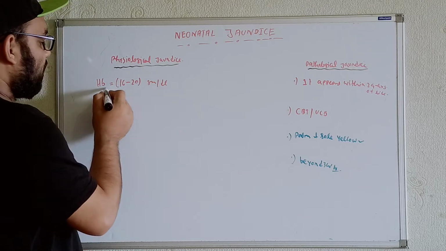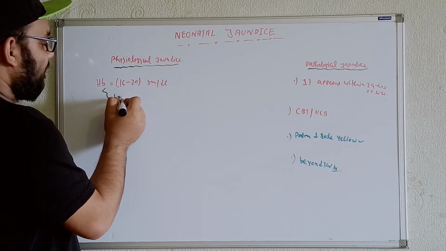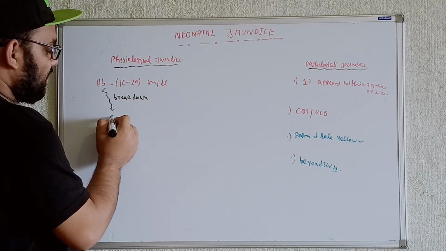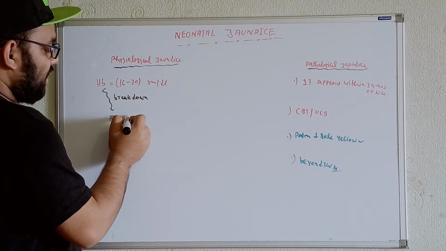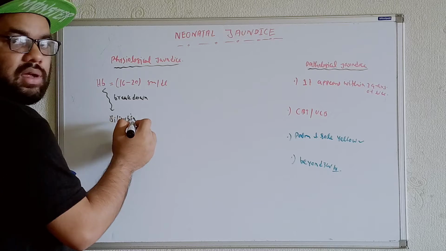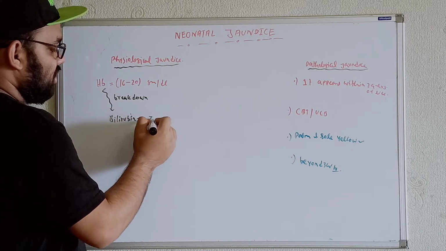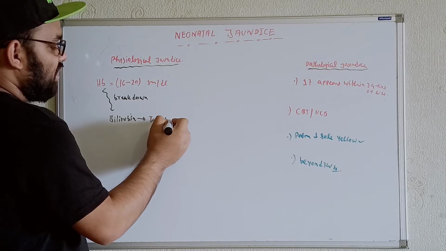Whenever there is more breakdown of the hemoglobin, there is definitely more chance of producing more bilirubin. Whenever more bilirubin is produced, we will get more chances of developing neonatal jaundice. This is the one reason.